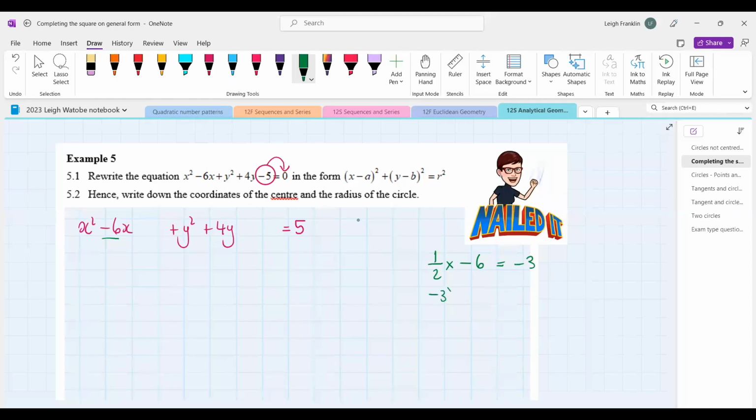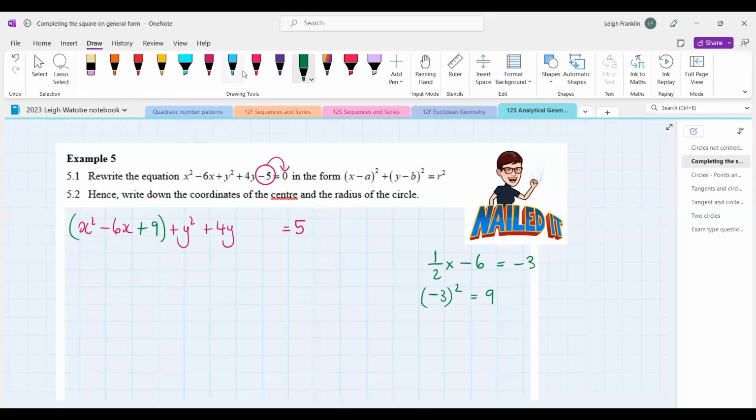I take that number and square it. That gives me 9. So to complete the square I add 9 on the left-hand side. That makes x squared minus 6x plus 9 a perfect square trinomial.